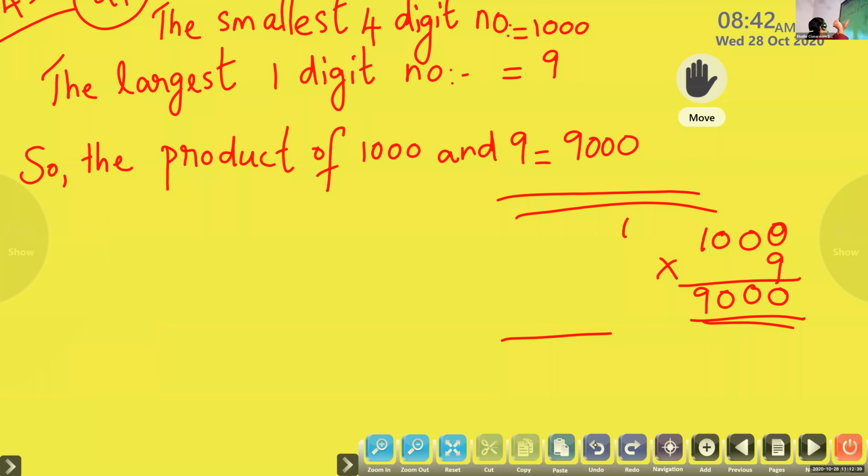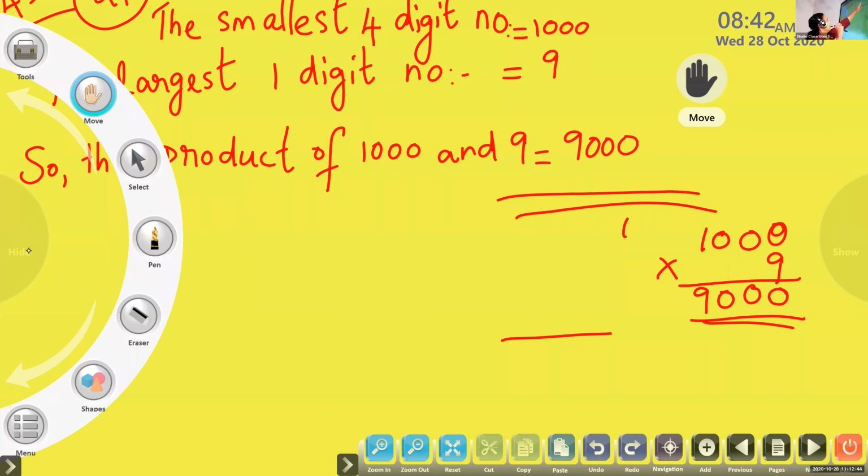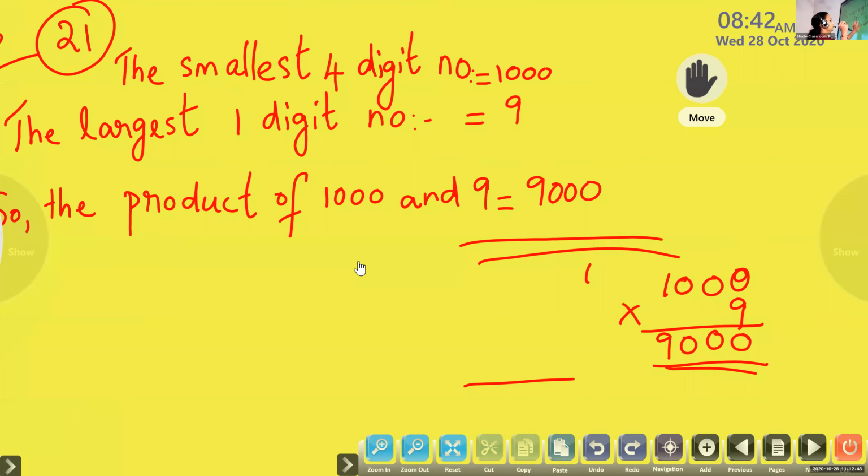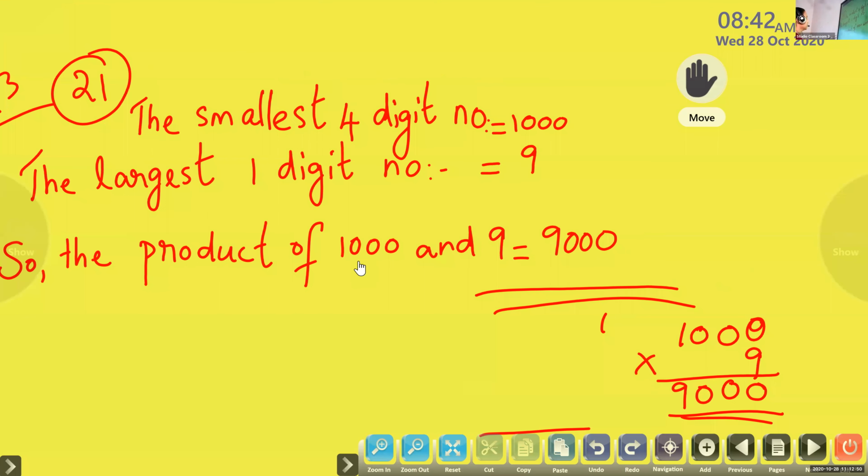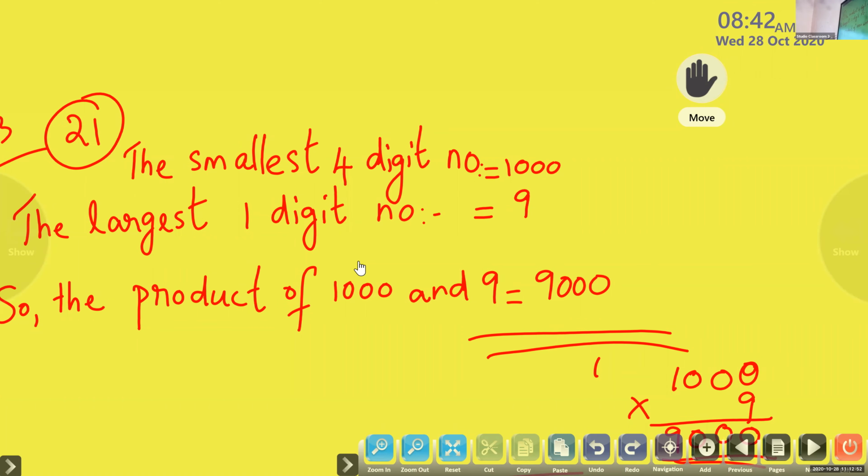Okay, children, 1 minute. Okay, write it fast. The smallest 4-digit number, the largest 1-digit number. So the product of 1000 and 9 is 9,000.